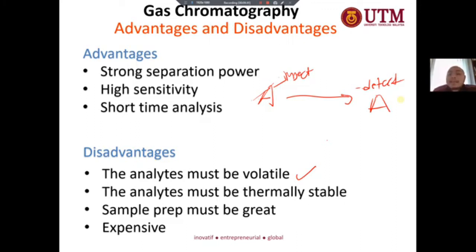We don't want that analyte, for example A, suddenly to be broken into B, C, D, or a few other compounds. If the analyte is not thermally stable, the problem is that we cannot identify the parent compound.